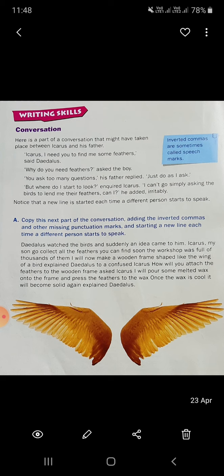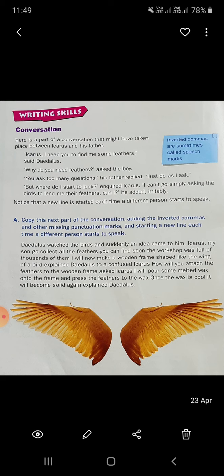Can you all see this? Yeah. Here is a part of conversation that might have taken place between Icarus and his father. "Icarus, I need you to find me some feathers," said Daedalus.